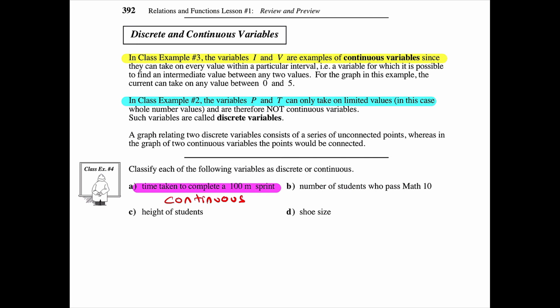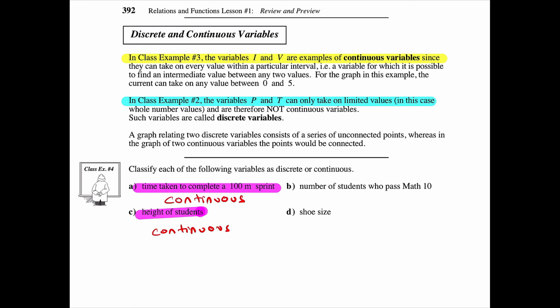What about the height of a student? Well, the height of a student is also going to be continuous in the sense that you don't grow at 174 centimeters and then wake up and all of a sudden you just jump to 175. You grow through an infinite amount of measurements between 174 and 175. So it's a continuous growth.